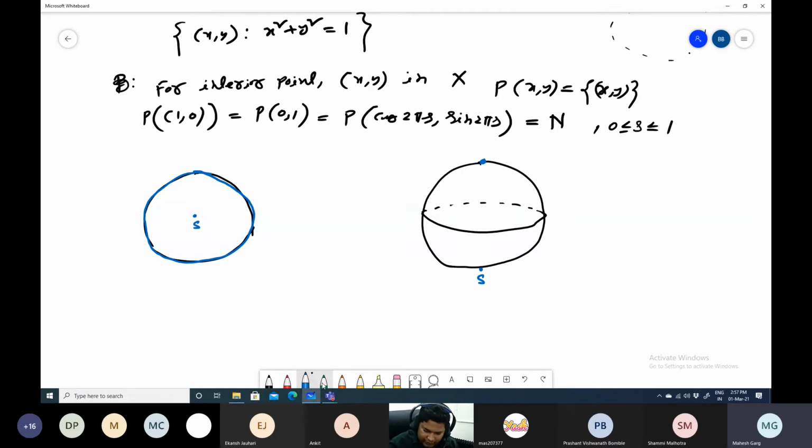Now if you take any open set containing this, then that open set will be this way, so this side as well as the back side.